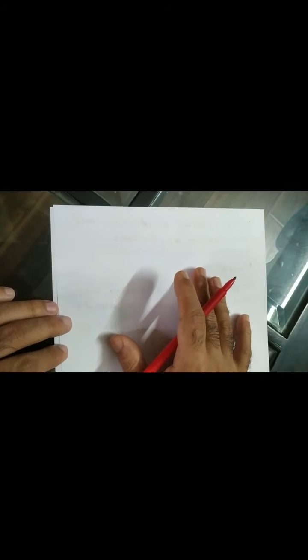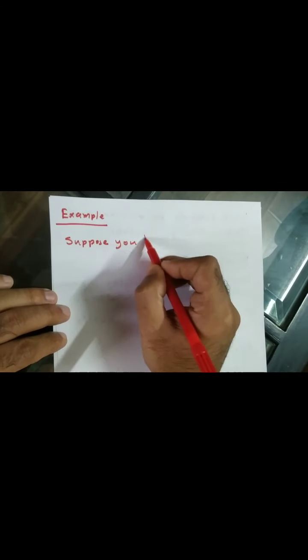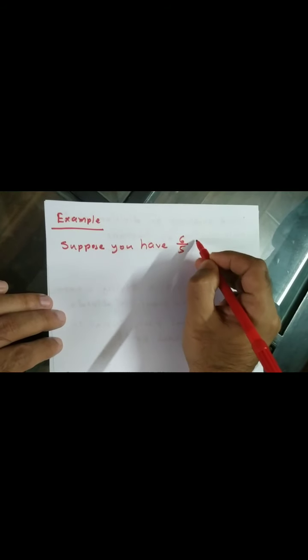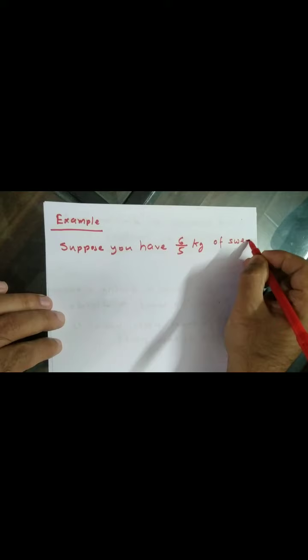So after this, let's look at another example. Well, suppose you have 6/5 kg of sweets.